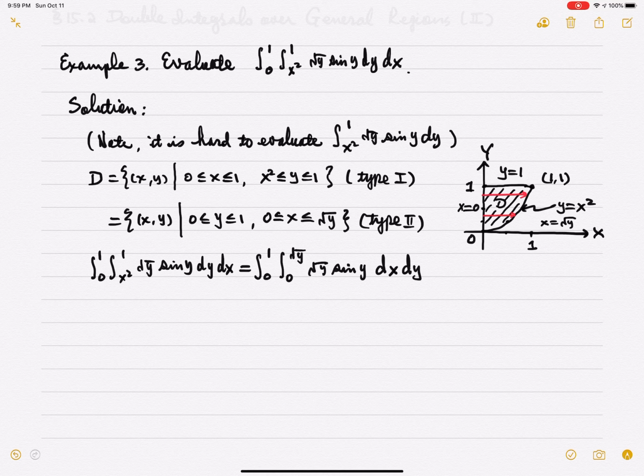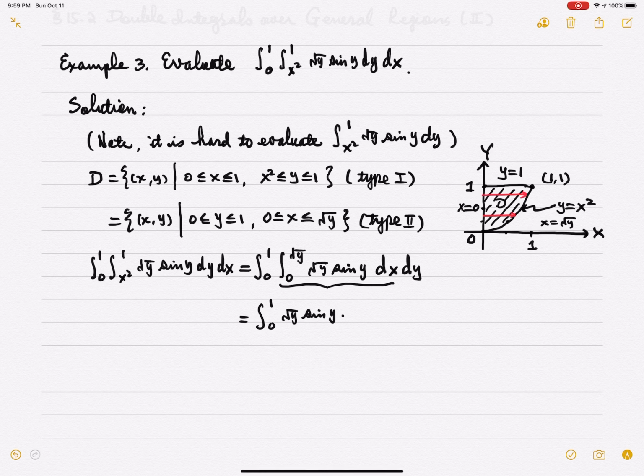Okay, dx dy. Now you see this time, this part is easy to integrate because with respect to x, root y sine y is a constant. So this is the integral from 0 to 1 of root y sine y.